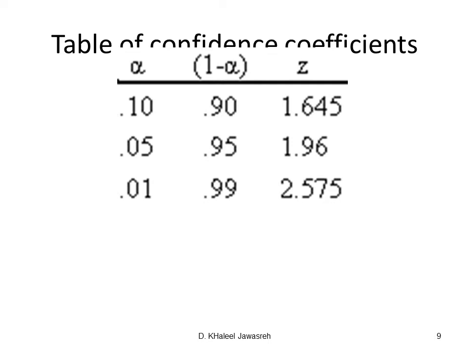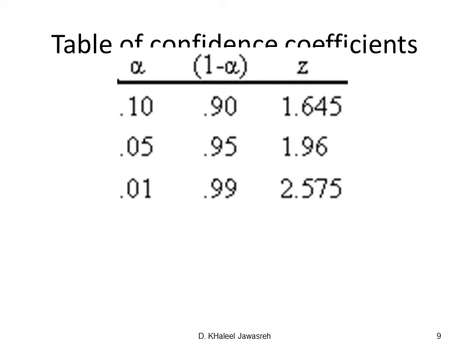So we have 95%, which is 0.05, and the value is 1.96. If we are dealing with 99%, we draw it from the Z table, which is about 2.575. These are the Z values, from the Z table.